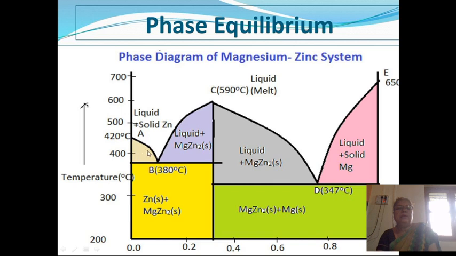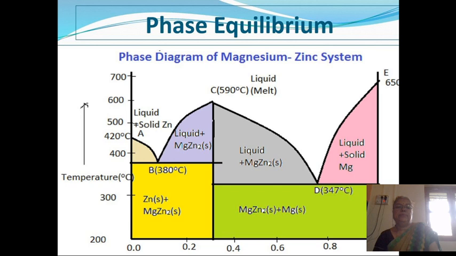Along this curve AB, two phases are in equilibrium, here solution phase and solid zinc phase. Again, along this curve ED, two phases are in equilibrium, here solid magnesium and liquid of zinc and magnesium.